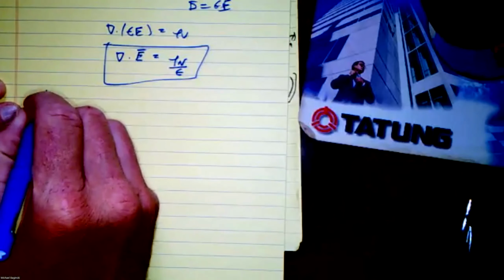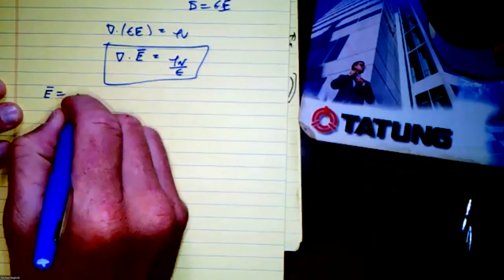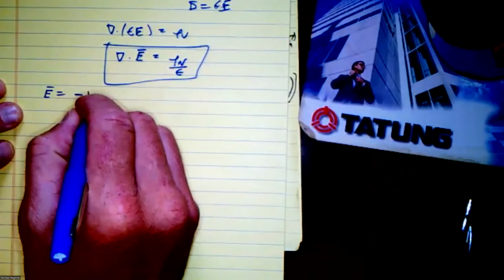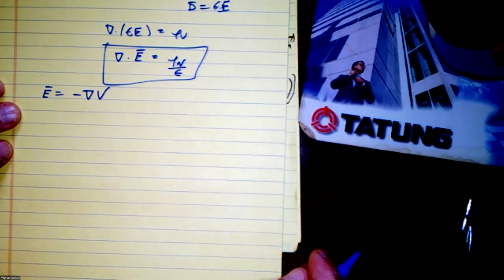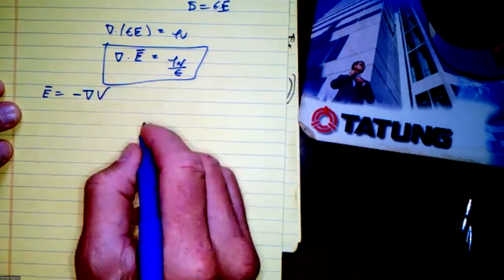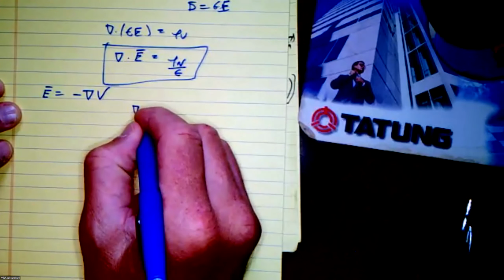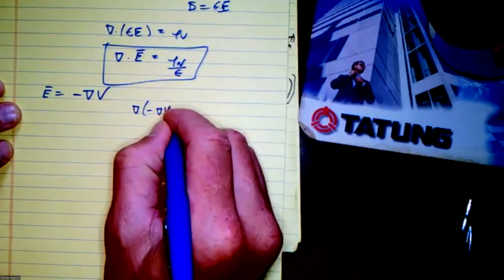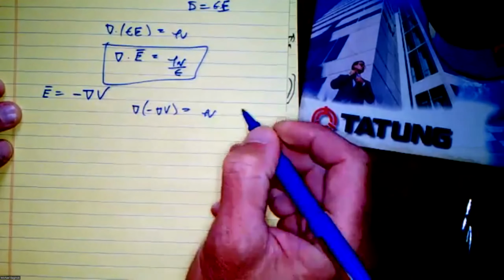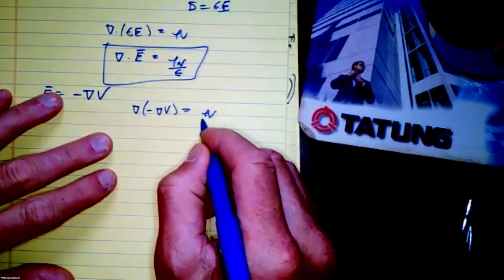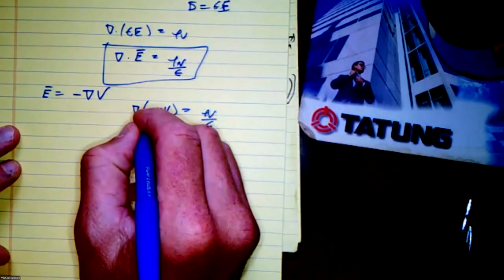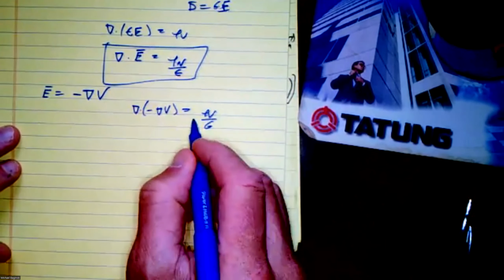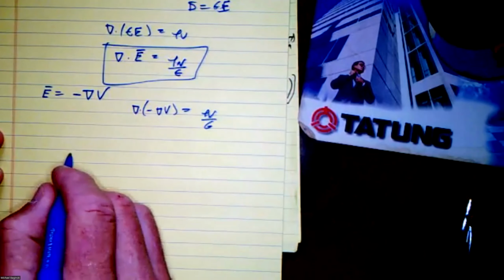Then after that, for electrostatics, E is equal to minus the gradient of the voltage. Y'all remember that? So plug that in here and you get divergence of minus the gradient of the voltage is equal to rho v over epsilon. Well, the minus sign can come out, and the divergence of a gradient is actually the definition of del squared.